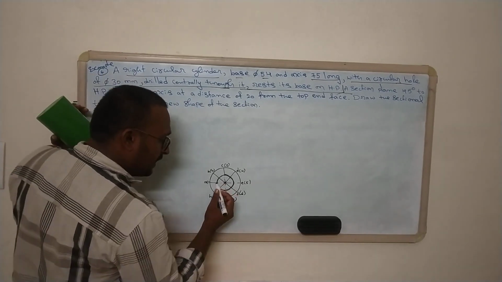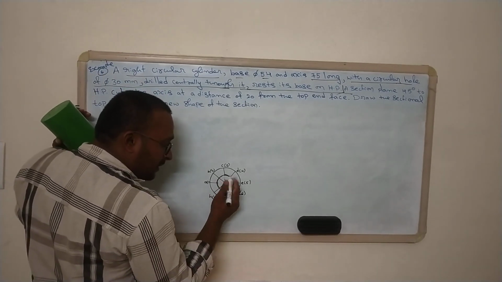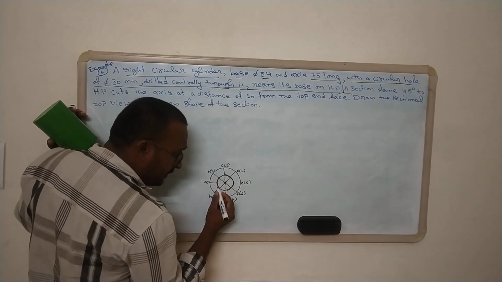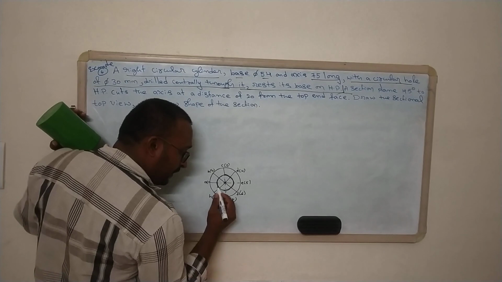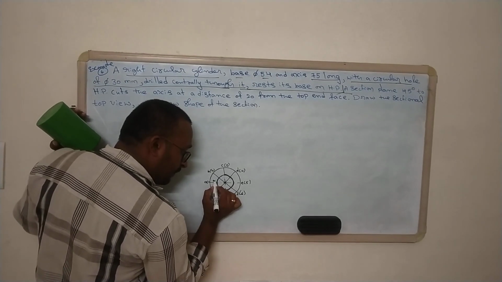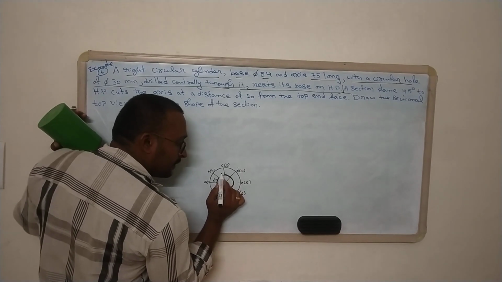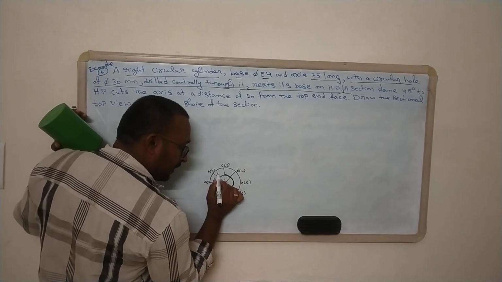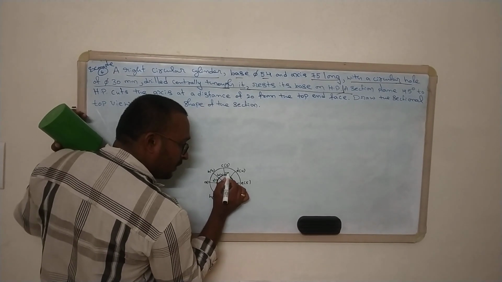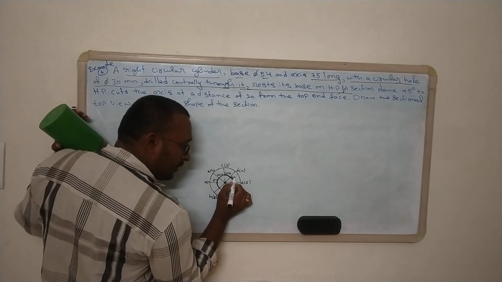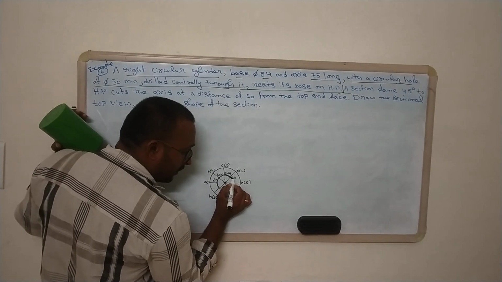And internally also we have two circular surfaces, right? So here also we must denote with A1, 1 1, B2, 2 2, C3, 3 3, D4.